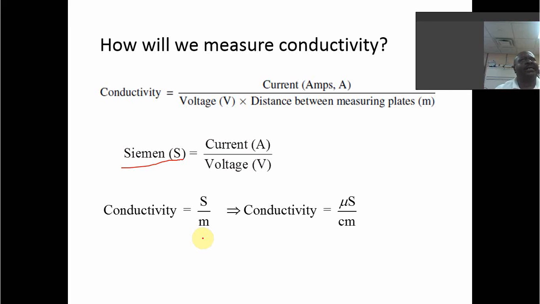That might not be a good idea. Anyway, so we go to micro Siemens per centimeter, going smaller, Siemens to micro, that's 10 to the 6, and so there we go. So on our data logger, we will see micro Siemens per centimeter. Big number, micro Siemens per centimeter, very conductive.